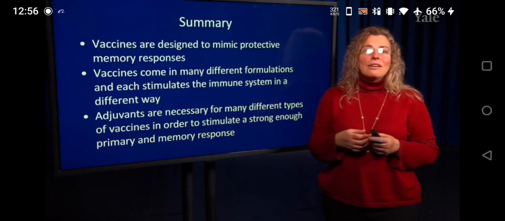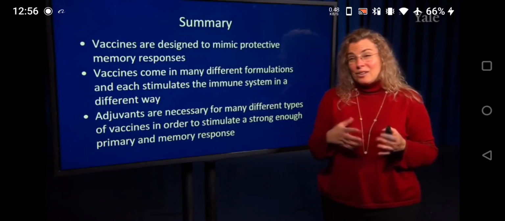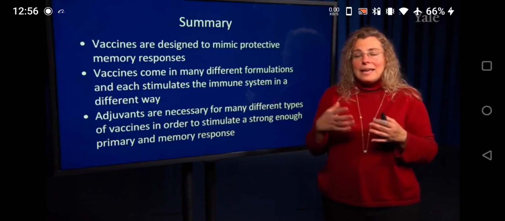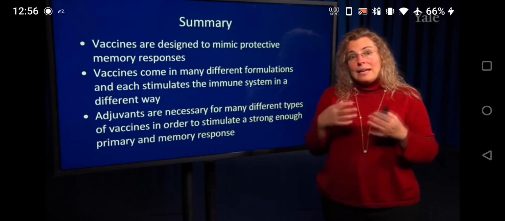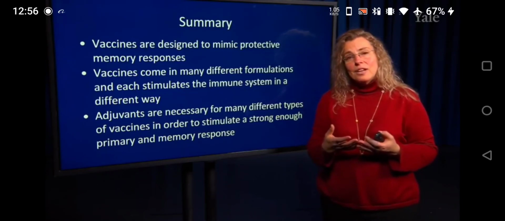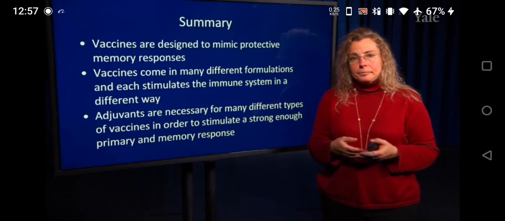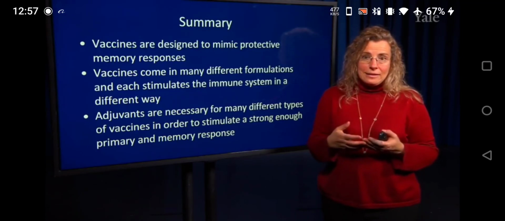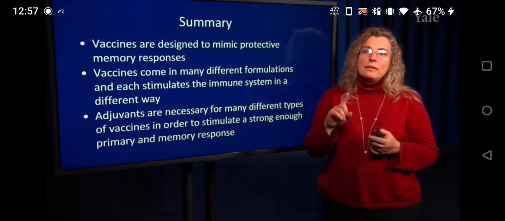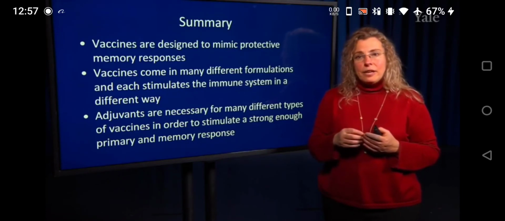Whole-killed vaccines we talked about, kind of quick and easy and also dirty, but they can be made, and if they can generate good antibody responses, if antibodies are protective, then those vaccines can work well. Subunit vaccines, that's taking one protein from a pathogen and using that to generate a vaccine.